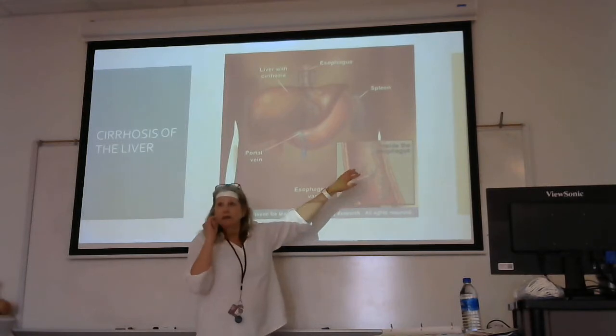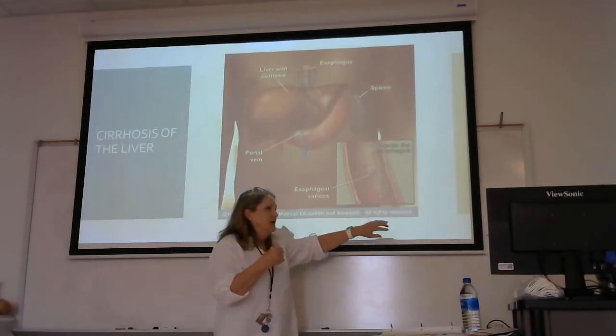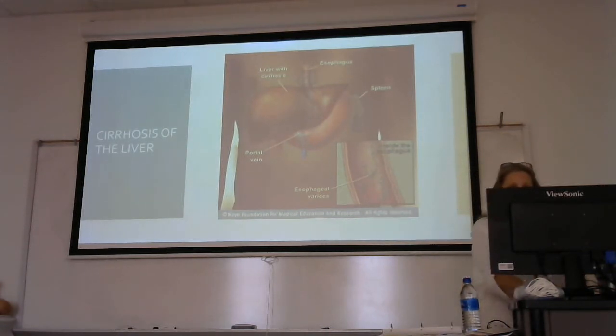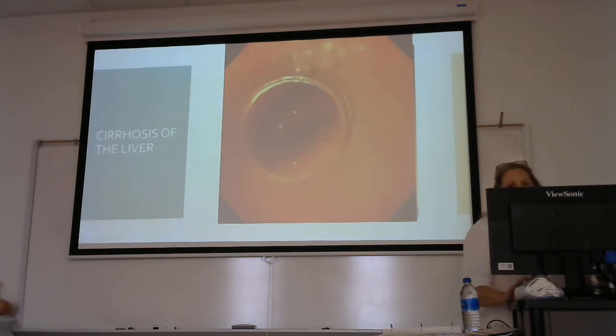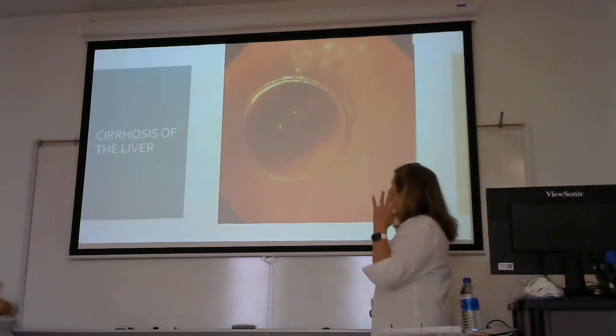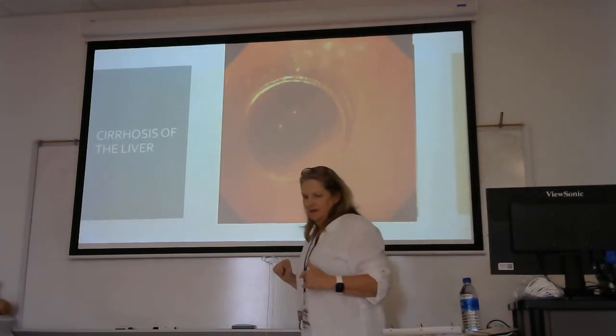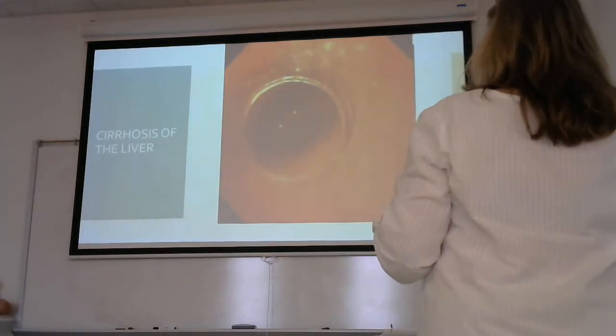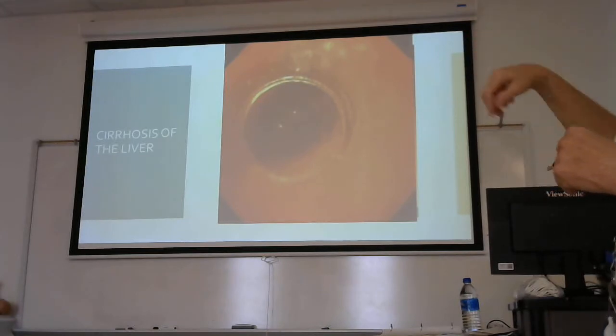They look like little aneurysms. And unfortunately, I don't know why this picture will not show up well here. But that is a great scope of esophageal varices. There's several of them in there. But they're just little out pouches in there.